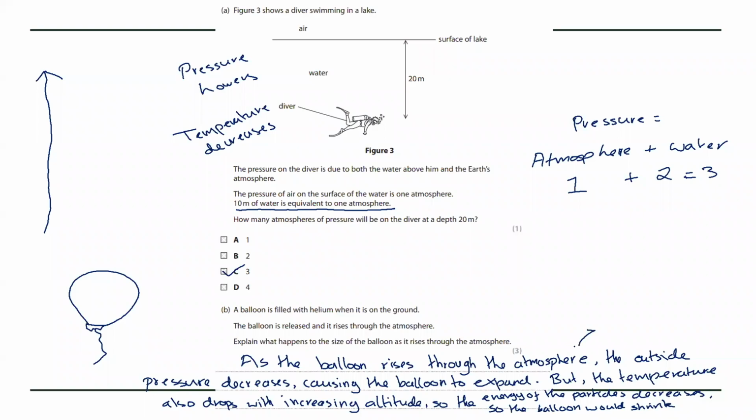And it'll be the net effect of these two, the overall effect. Okay, so particle model of matter is all about temperature, all about pressure like this.